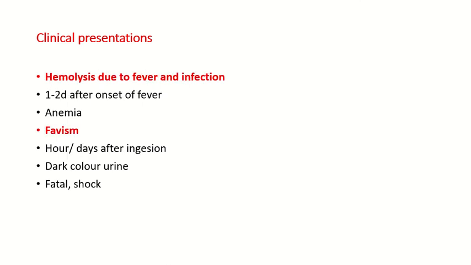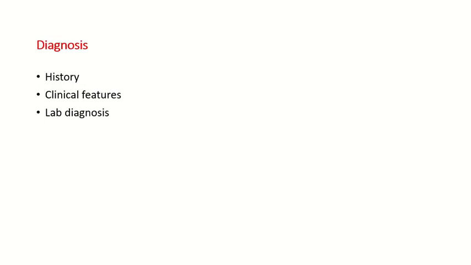Then hemolysis due to infection, maybe pneumonia, viral hepatitis, etc. Favism after ingestion of food like fava beans. These patients present with hemolysis. How will we diagnose these patients? First of all, there will be a history of hemolysis.